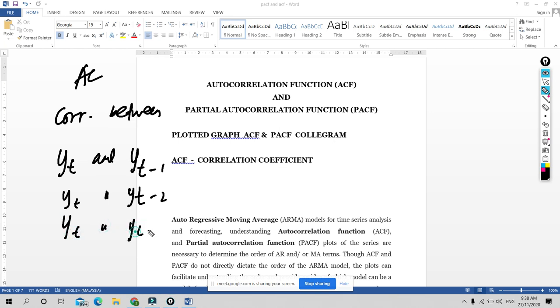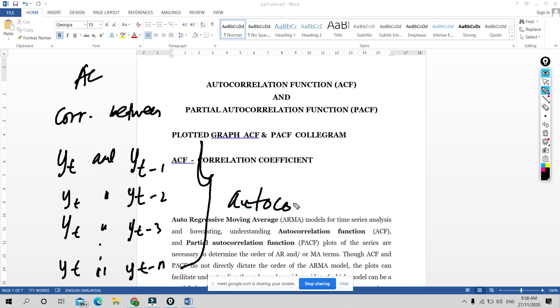Okay, then we proceed to the partial autocorrelation function. For the partial autocorrelation function, as I said just now, it is a coefficient between dependent and independent variable. Let's say you have the y data here, or I change to x. X is also data, for that case just now it's sales of ice cream.